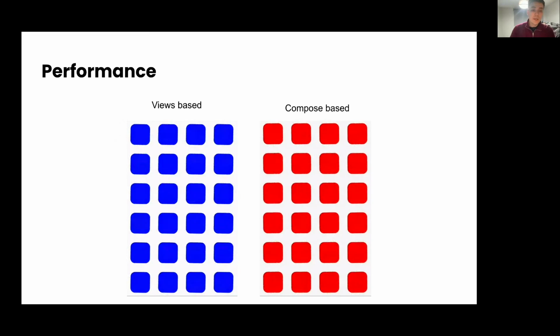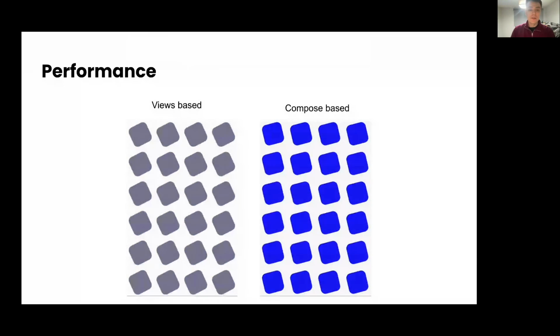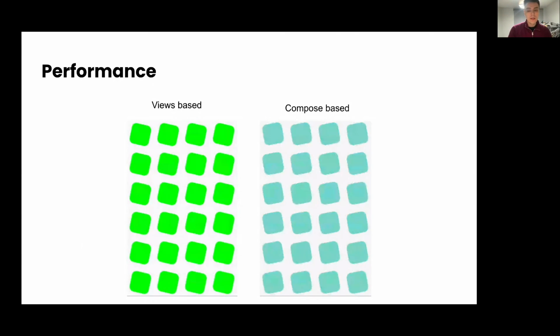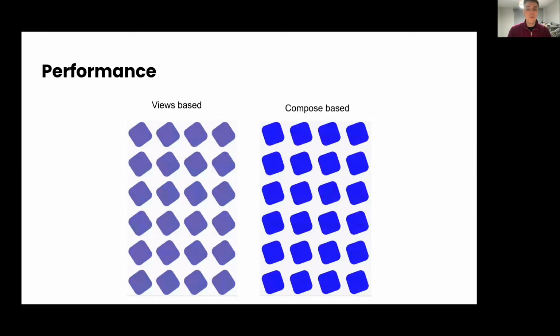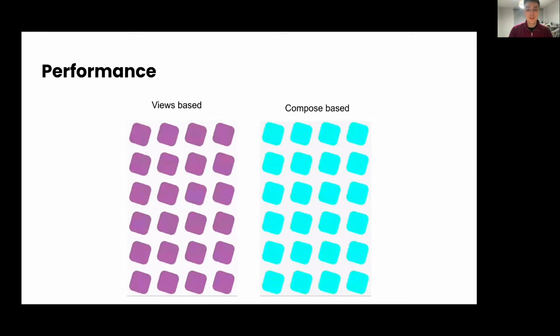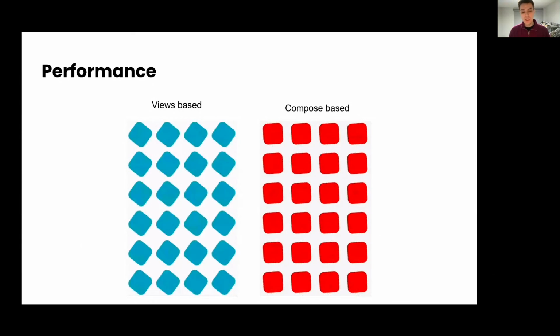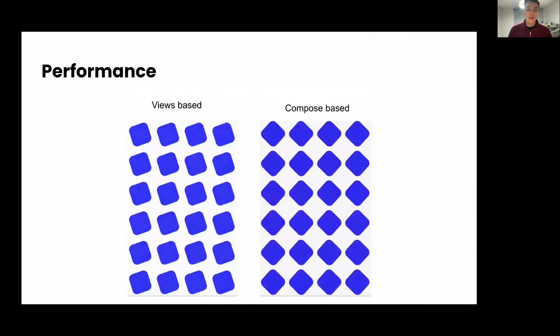Another question that is pretty interesting is performance, and here I tried to compare the performance of the same animation, one written with Views and the other written in Compose.